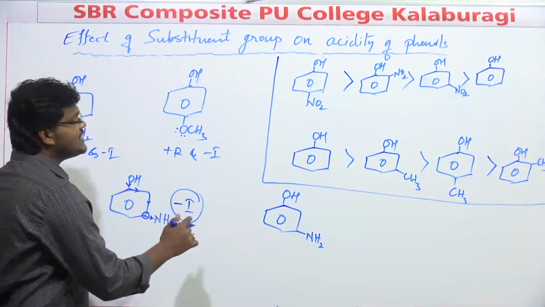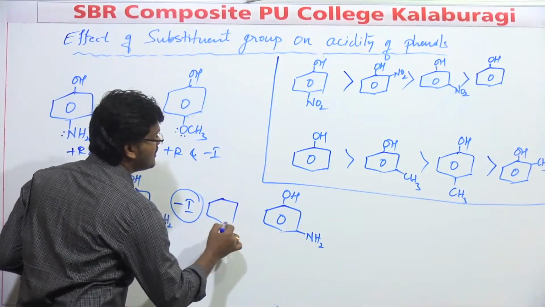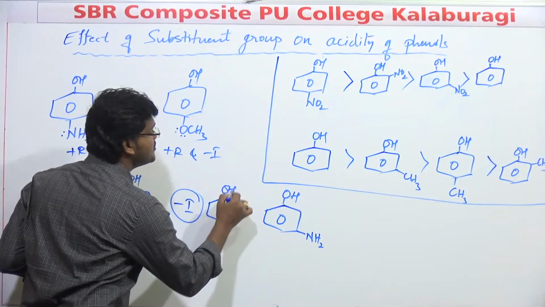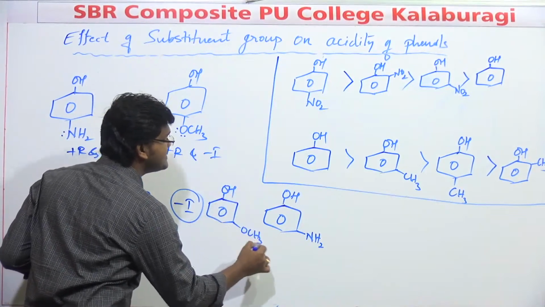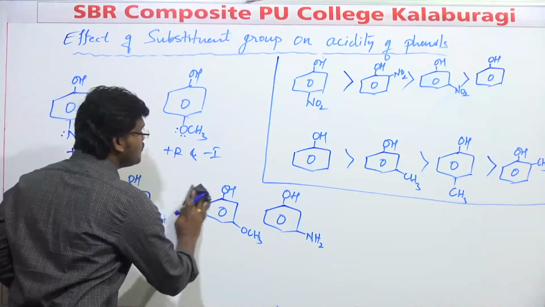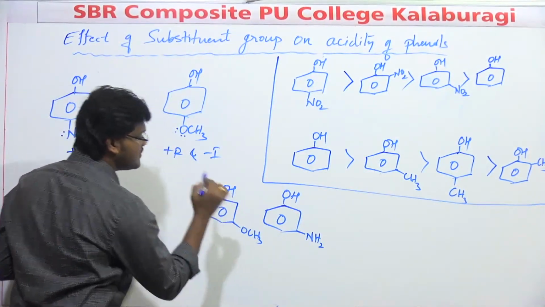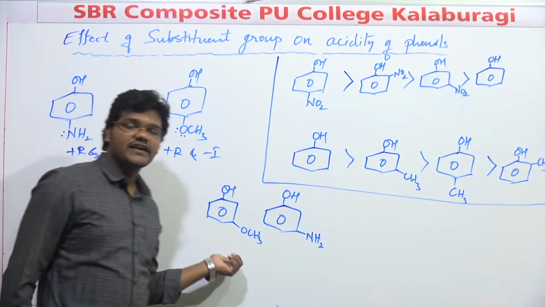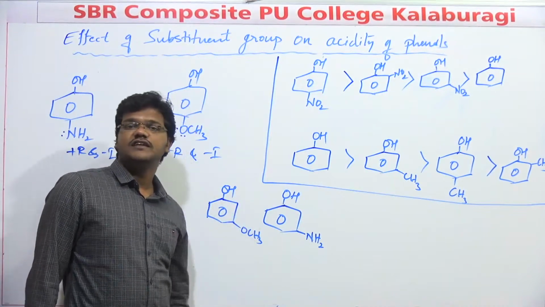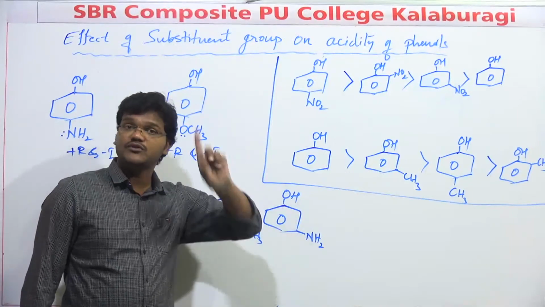Then compare the meta-substituted methoxyphenol. Here in this case also, the resonance effect won't occur. So I can say meta-methoxyphenol is more acidic than ortho and para-substituted methoxyphenols.